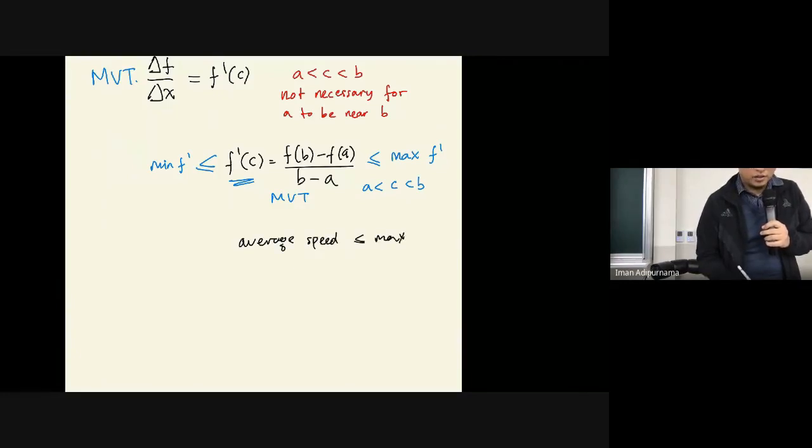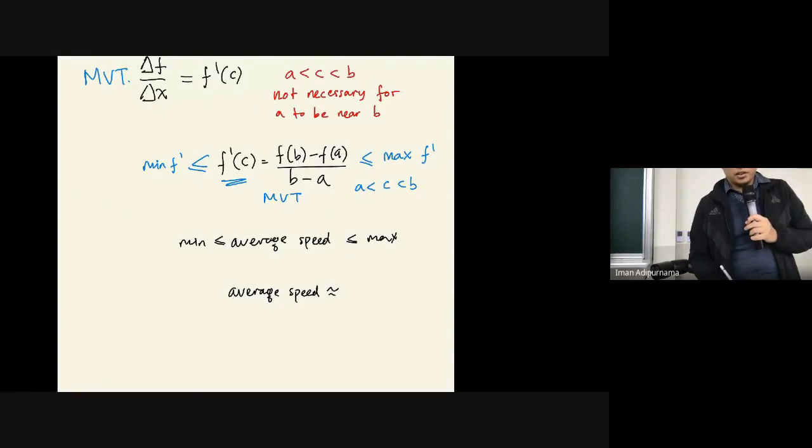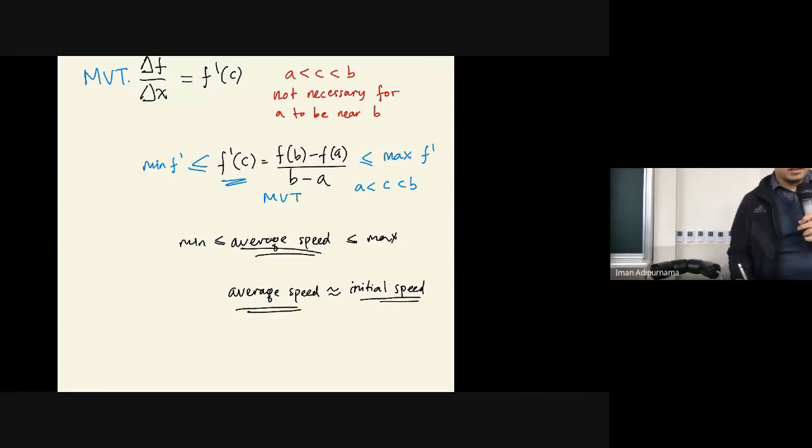This is max, this is minimum. In the mean value theorem, the average speed is actually what? In linear approximation, it's actually approximating using the initial speed. This is MVT, this is LA.